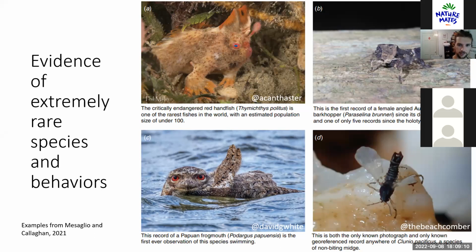And there's also the only known photograph and the only known georeference record anywhere of the species of non-biting midge in the bottom right. It was recorded on iNaturalist. It has been described before, but the type specimen did not have a georeference record, and now the only georeference record is from iNaturalist.